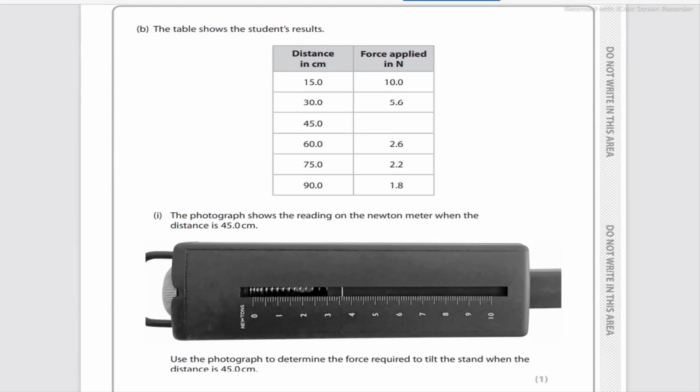The table shows the student's results: distance in centimeter, force applied in Newton. When the distance is 15 centimeter, the force applied is 10 Newton. When the distance is 30 centimeter, the applied force is 5.6 Newton.